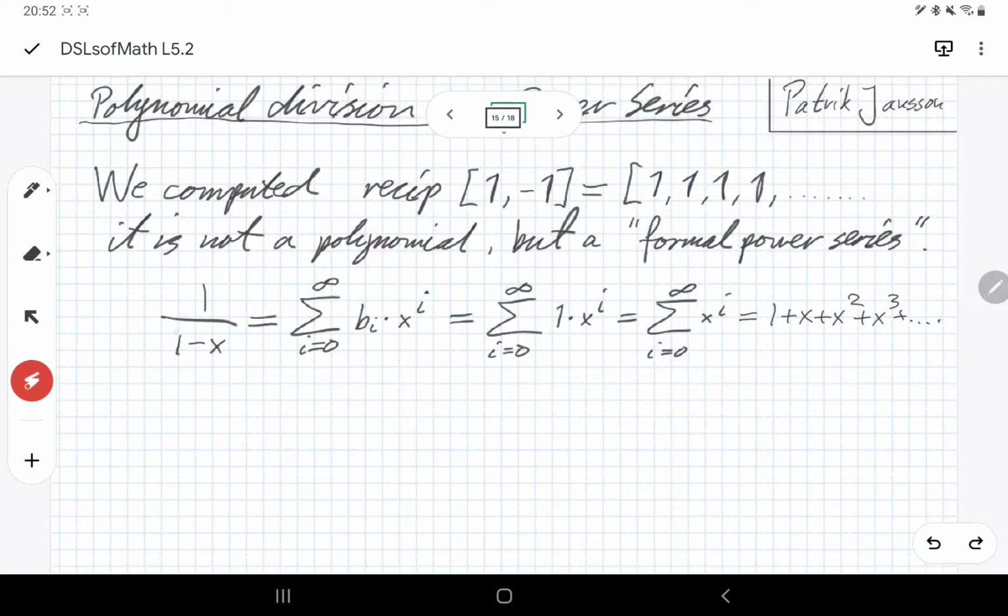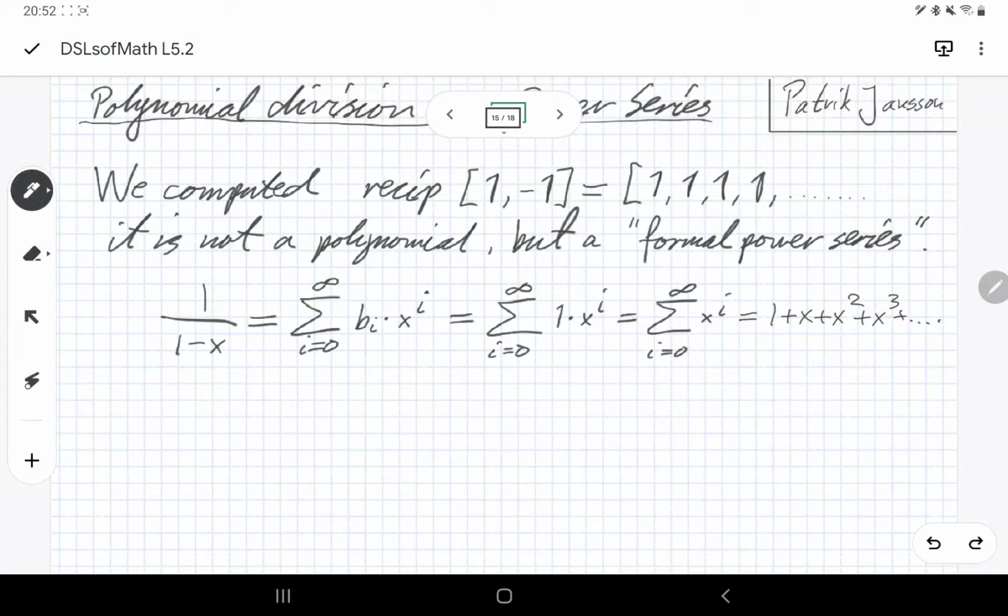And in this case, if we start from 0 here, it's clear that we can move towards 1, but not to equal 1, because if we would insert 1 on this left-hand side, it will be an undefined expression, 1 over 0. And if we check what happens on the right side, if we try to compute it for x equals 1, it would just be an infinite number of 1s. So for any x less than 1, it should work.